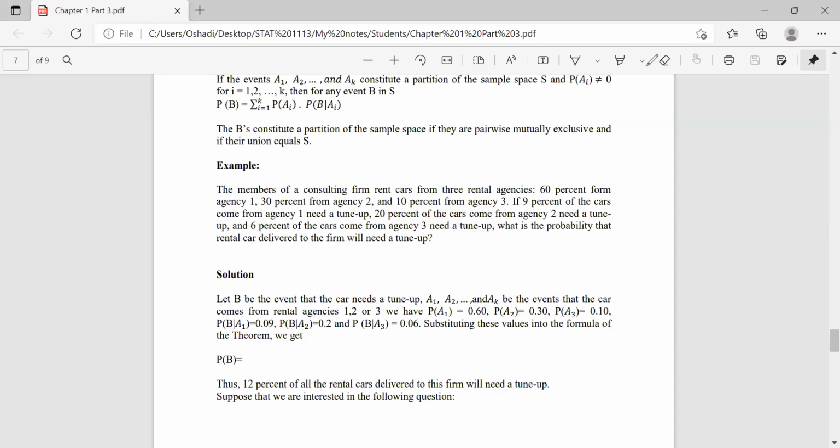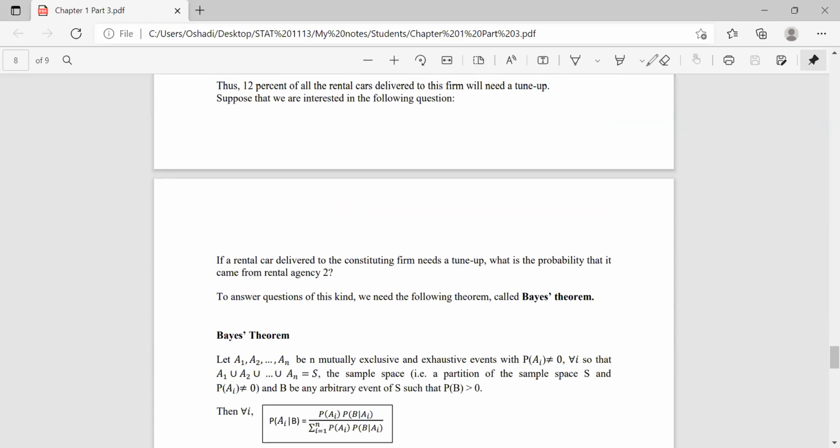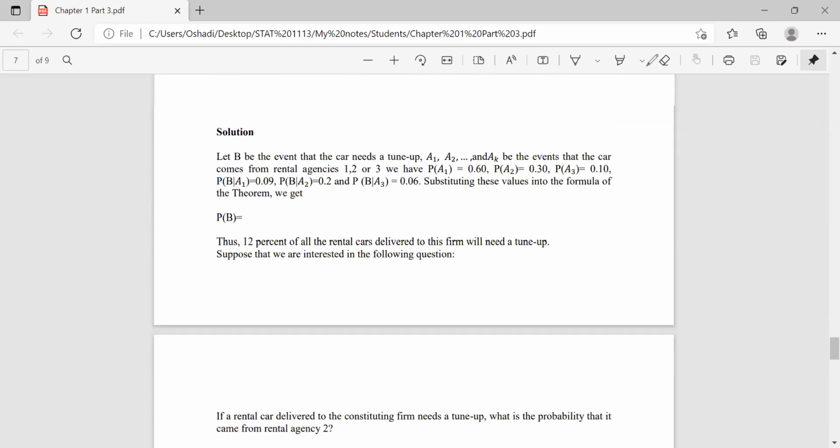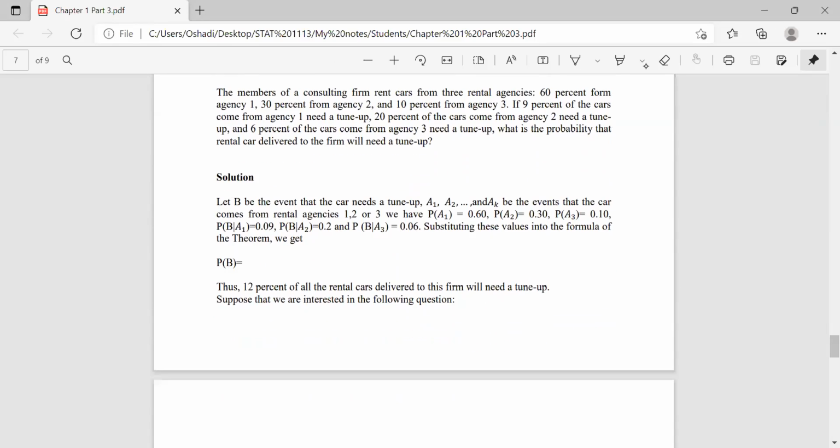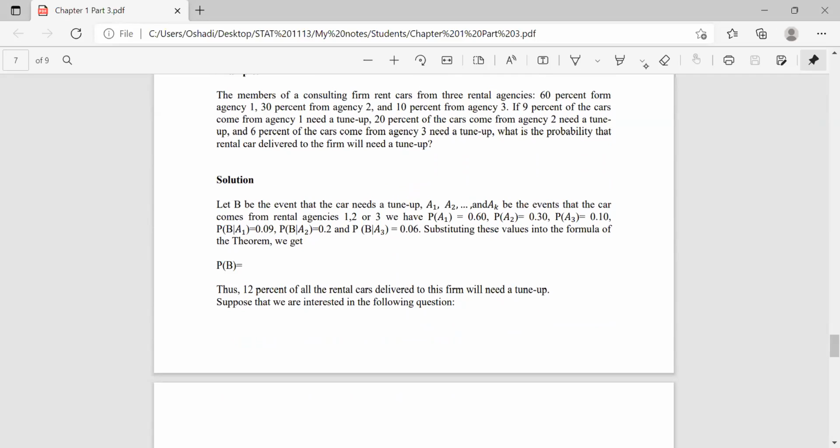So we discussed an example. Yes, we discussed this. No need to discuss it again, right? So in that example, the sample space has been partitioned.